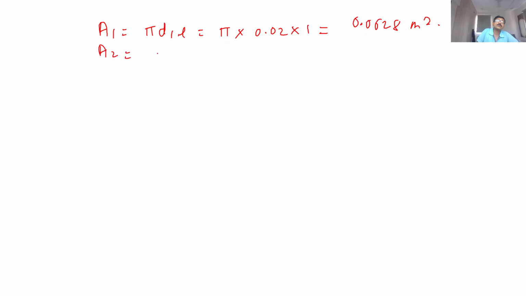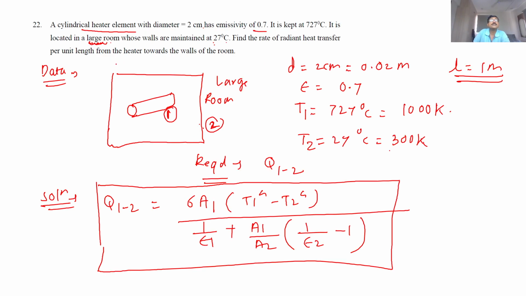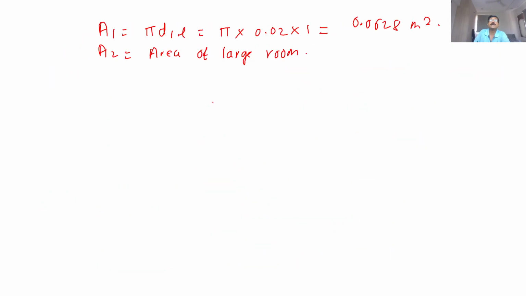A2 is what? The area of the large room, but no dimensions are given in the problem, so we can't calculate the area of the room. Keep it as it is. When we do A1 by A2, it is 0.0628 divided by the area of the large room.